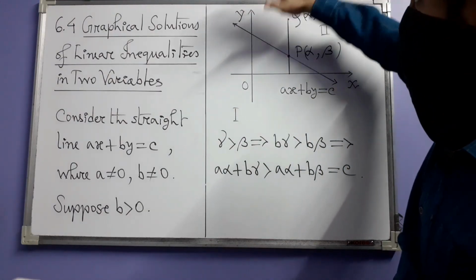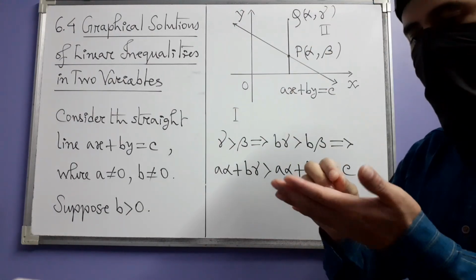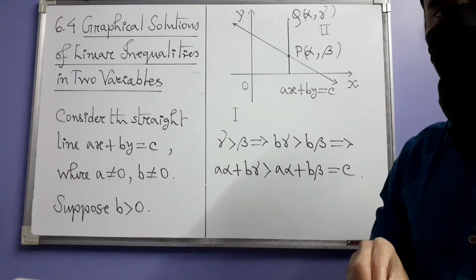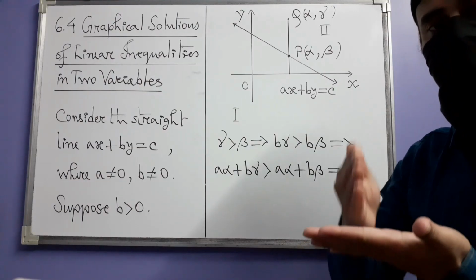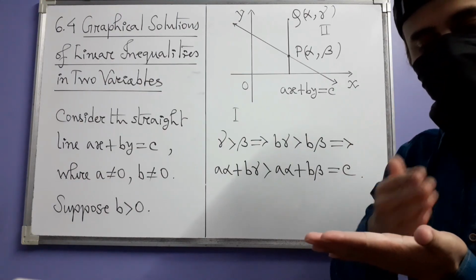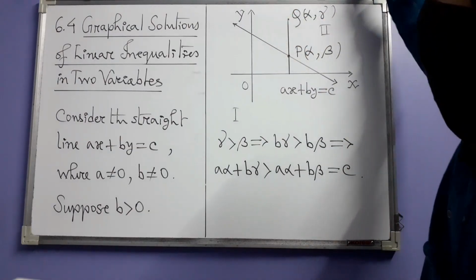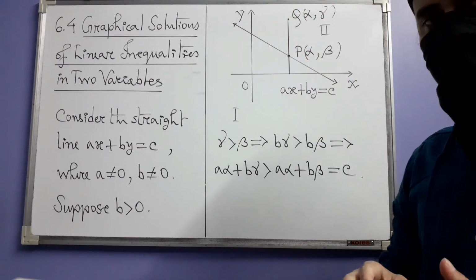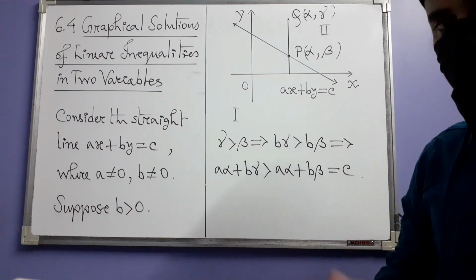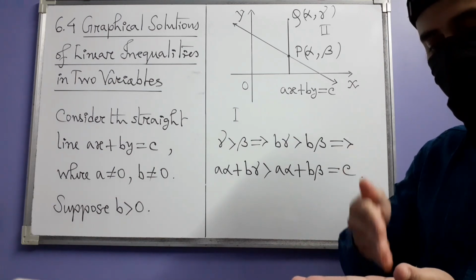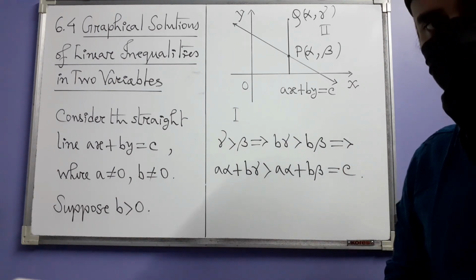Any point you choose from the upper half plane, the coordinates of that point satisfy the inequality ax plus by greater than c. That means all the points in the upper half plane provide us with solutions of the inequality ax plus by greater than c.